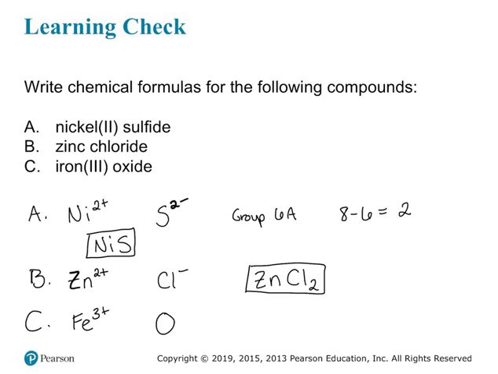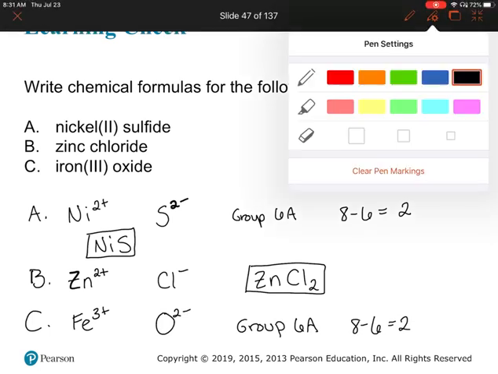What group is oxygen in? So it's also in group 6A, right above sulfur. So 8 minus 6 is 2. So oxygen has a 2 minus charge.